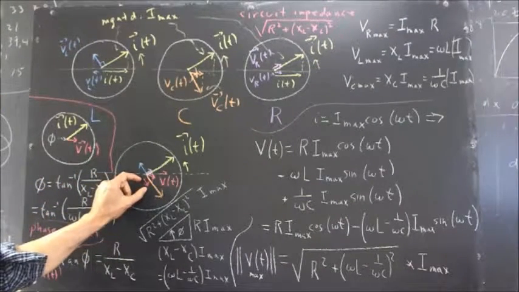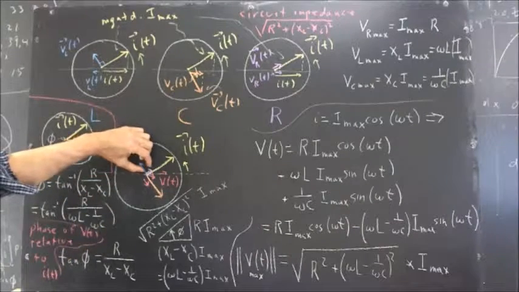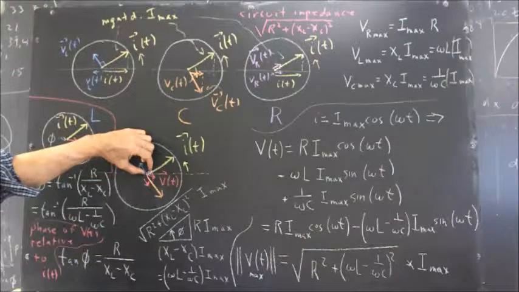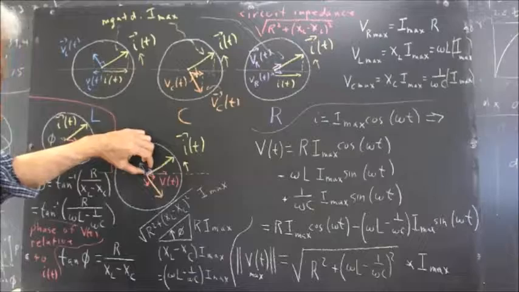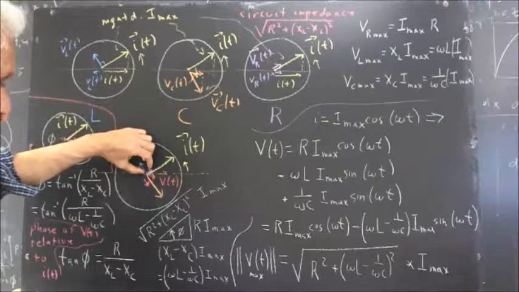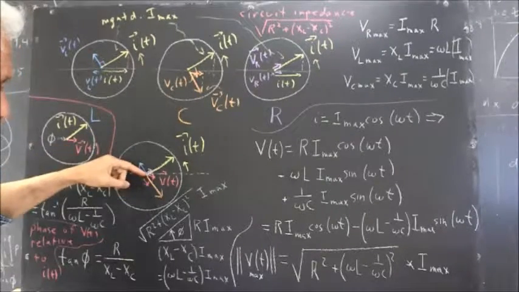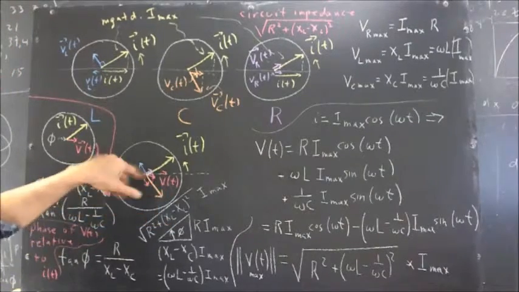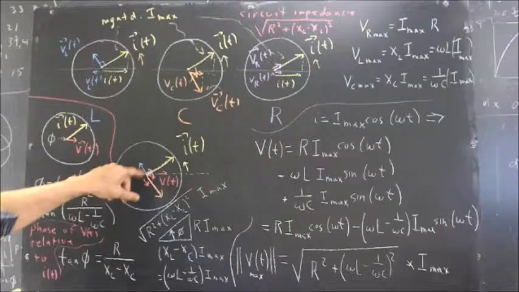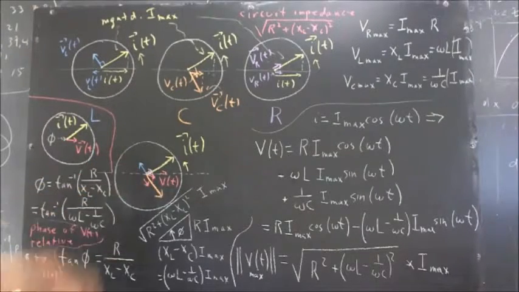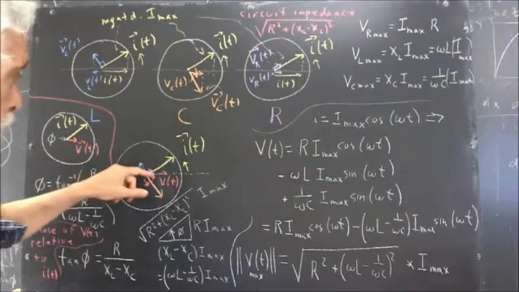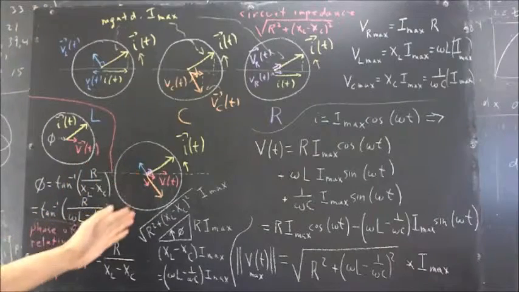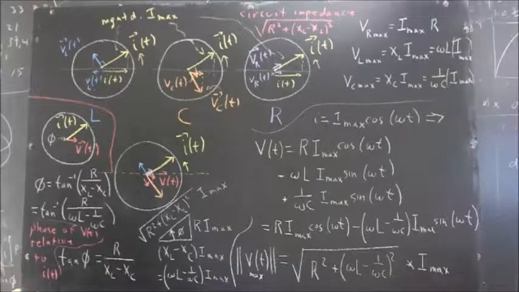That's represented by this little arrow here, and the resistor voltage here. The result of these two vectors will be down here someplace, and that's our voltage vector for the whole circuit. And that vector goes around the circle, and its projection on the horizontal axis is the actual voltage that drives the circuit.